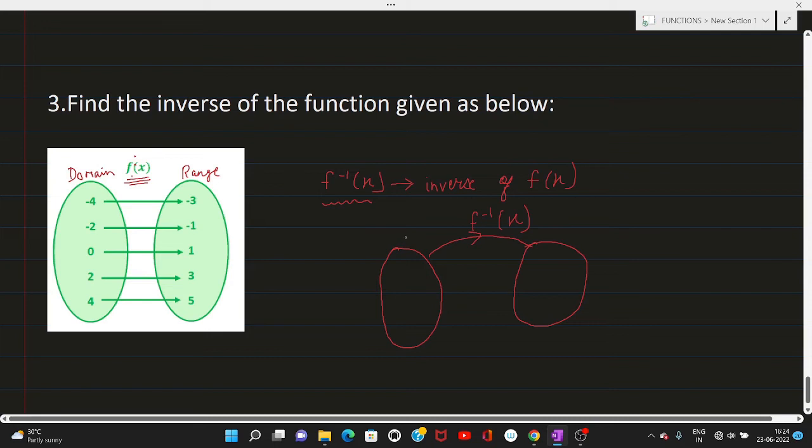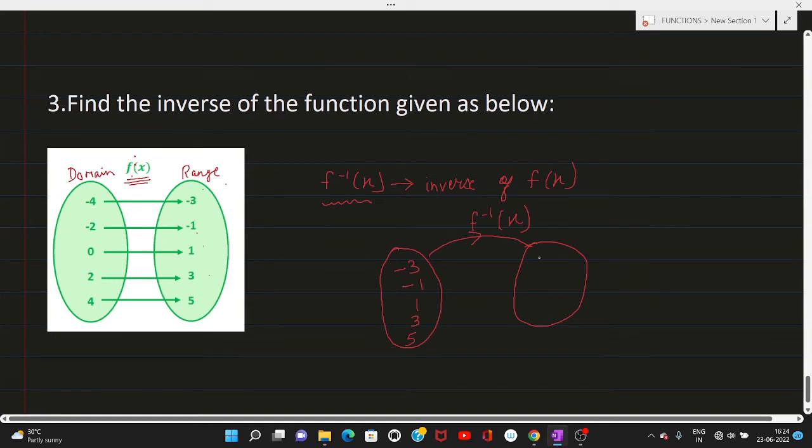So as I said, domain will become range and range will become domain. So here these are range, so we will write all these elements in the first set of f inverse. That is, we will write here minus 3, minus 1, 1, 3, 5.